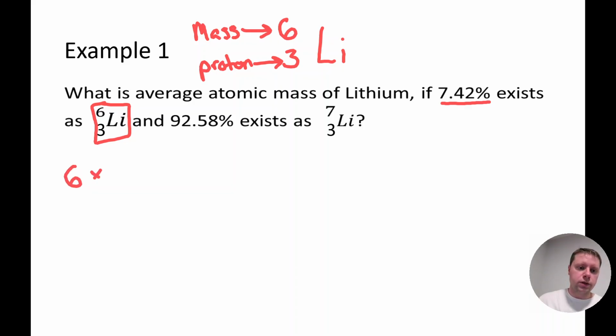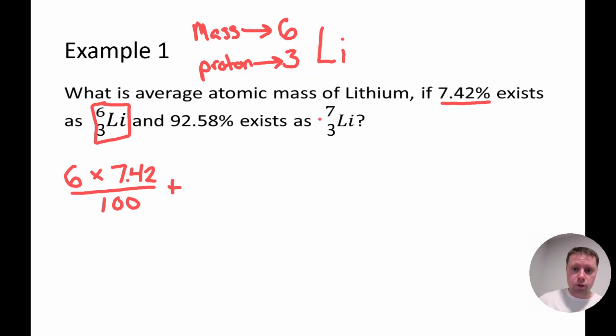We're going to multiply it by that abundance that's associated with that mass, so the 7.42. We're going to divide the entire thing by 100. Okay, so that's your first setup for the first isotope. Now, since we are given a second isotope, we're going to add that setup to the next one.